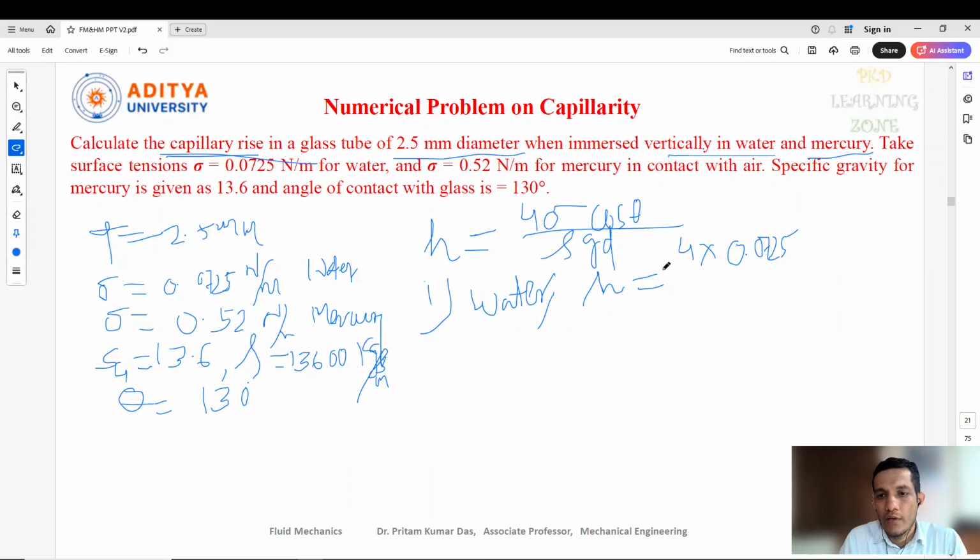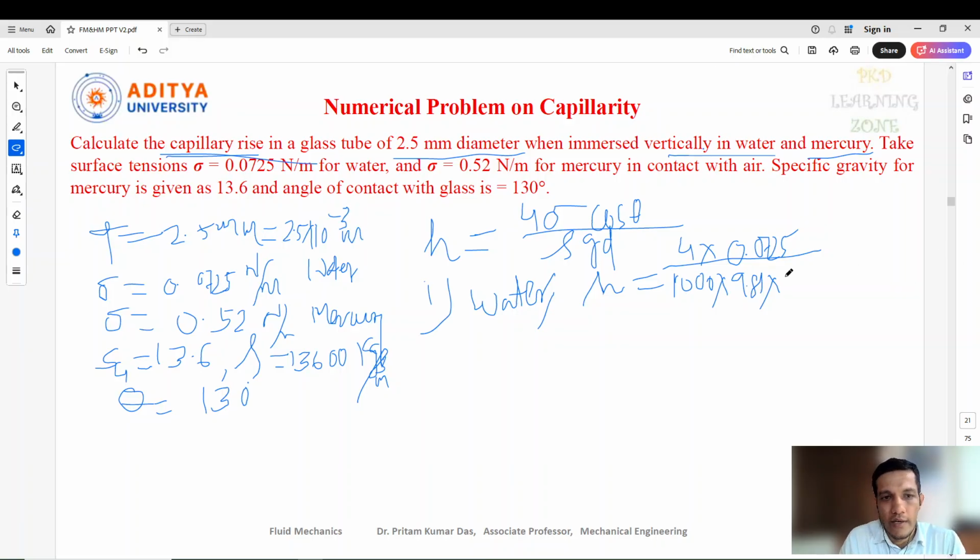Sigma value 0.0725 divided by rho. Rho is nothing but 1000 here, and g value we know is 9.81, and the diameter is already given as 2.5 millimeter, which we can convert into meter. So 2.5 into 10 to the power minus 3 meter we can write.